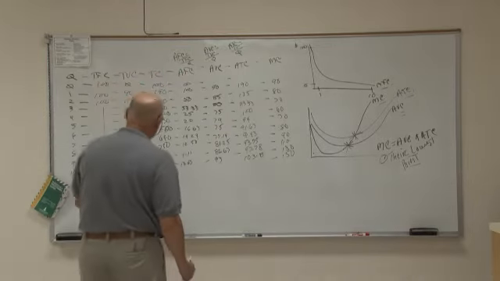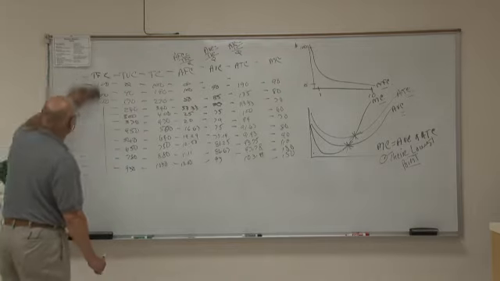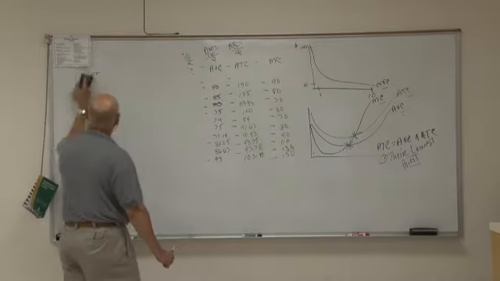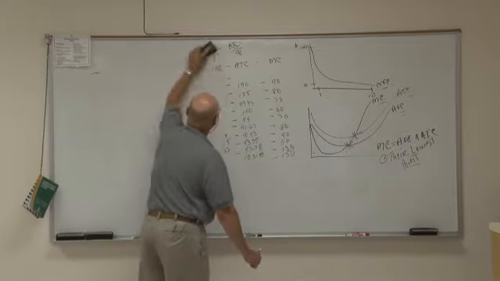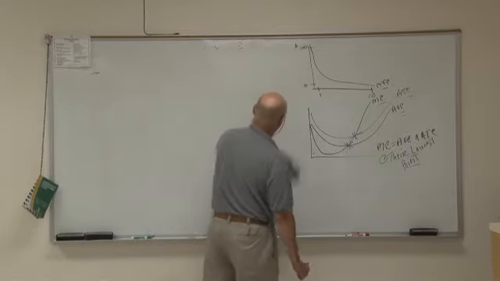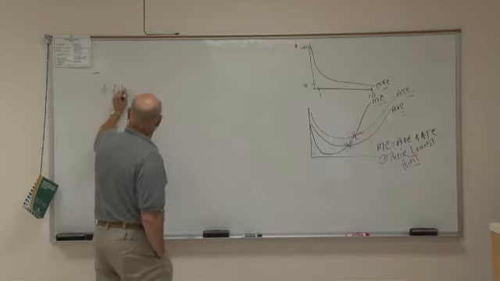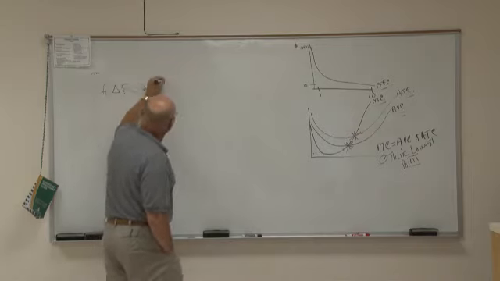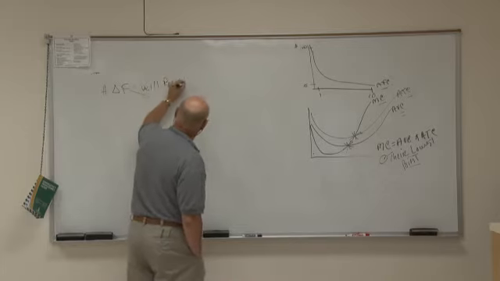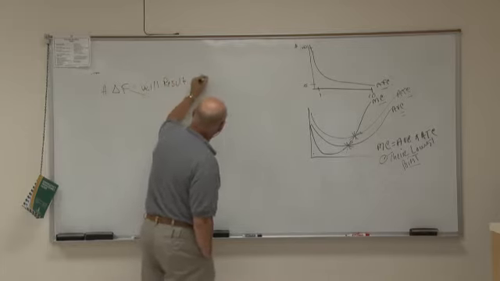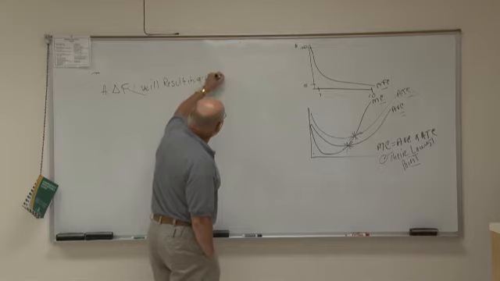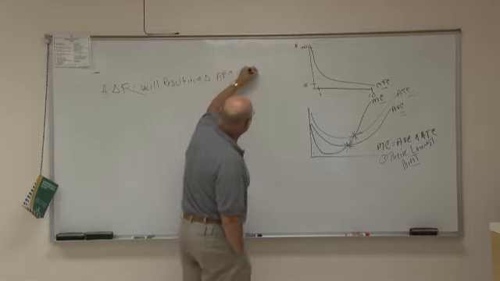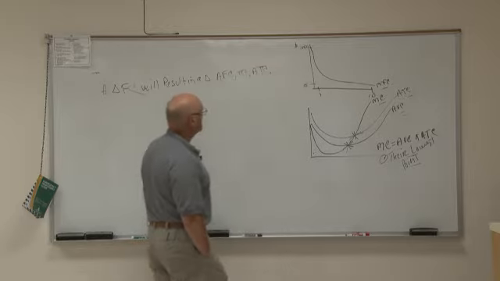Now, there is one more thing that we want to take a look at in the short run, is what happens if one of these costs should change? How does that affect all the other costs? A change in fixed cost will result in a change in average fixed cost, total cost, average total cost.